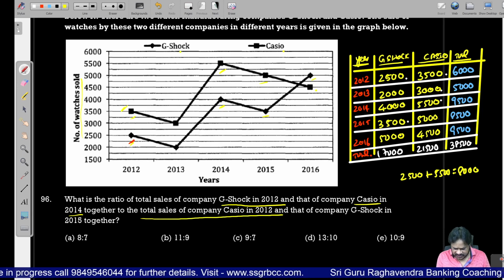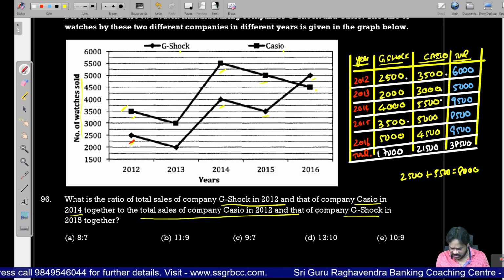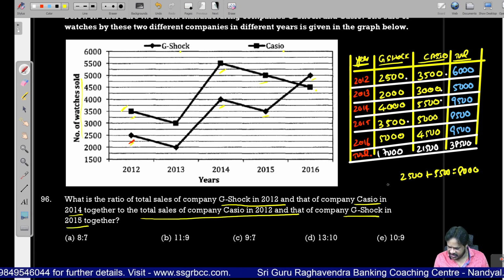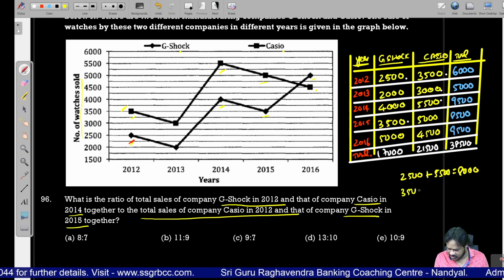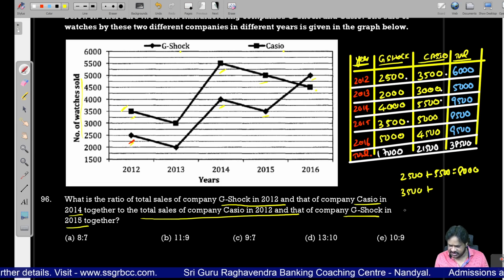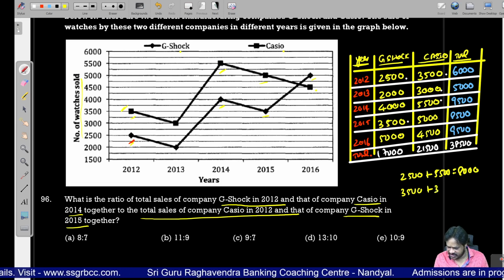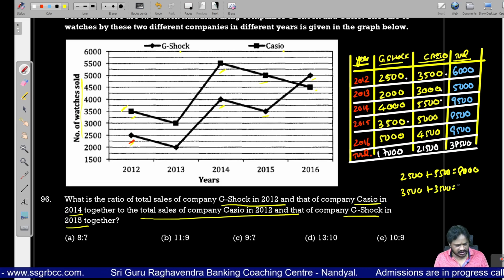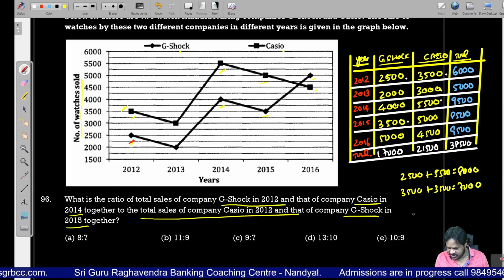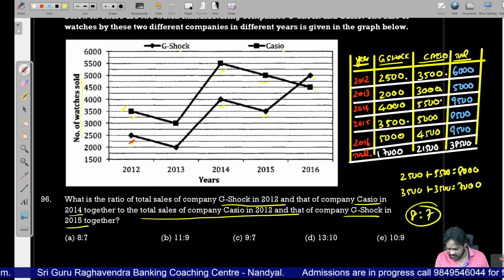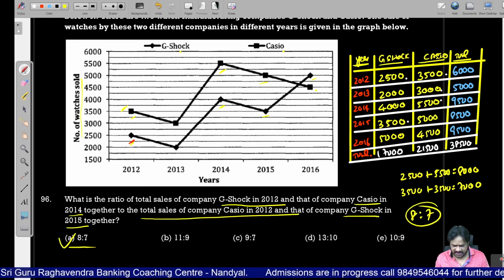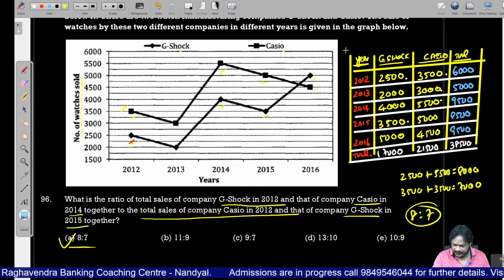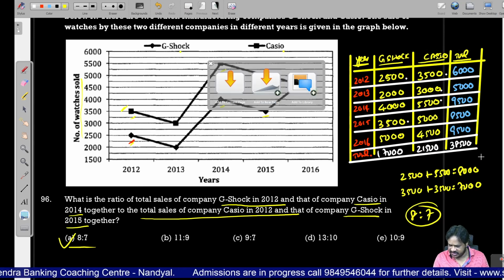To that of sales of Casio in 12 and G-Shock in 15. Casio in 12, 3500. G-Shock in 15, that is 3500. Totally we are going to get 7000. So ratio 8:7. Option 1 is the correct answer. Let us see the next question.